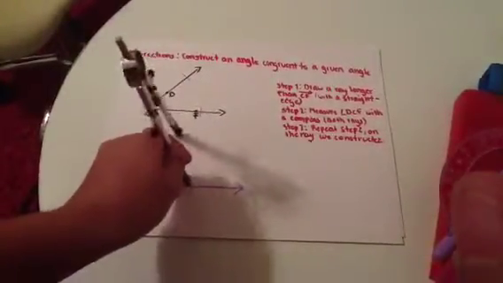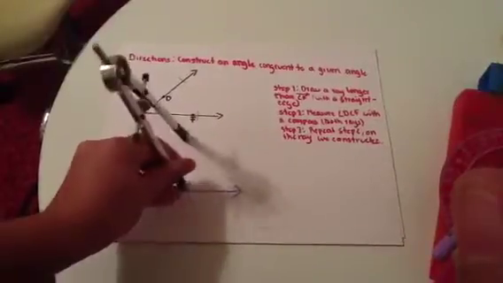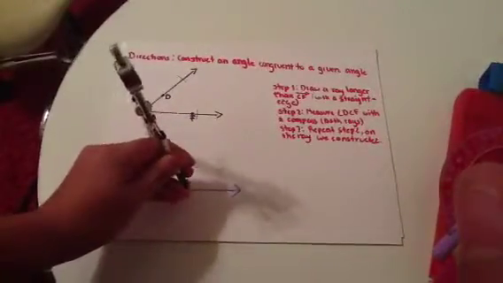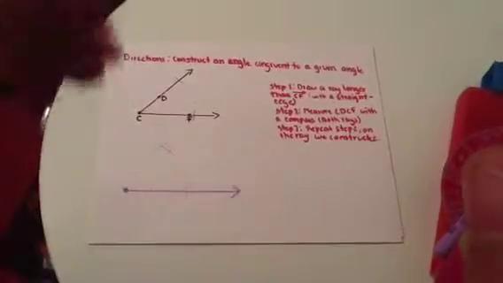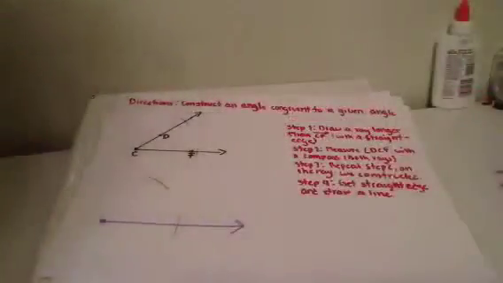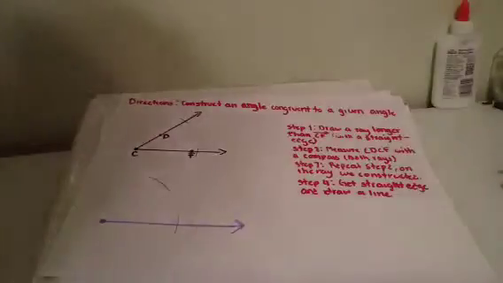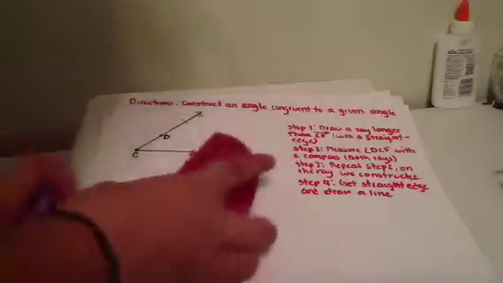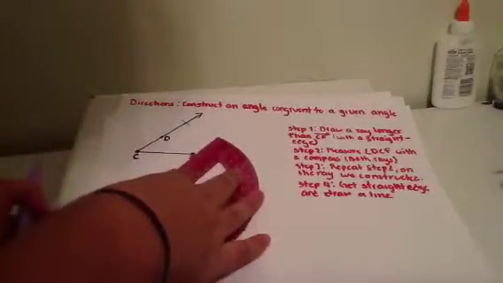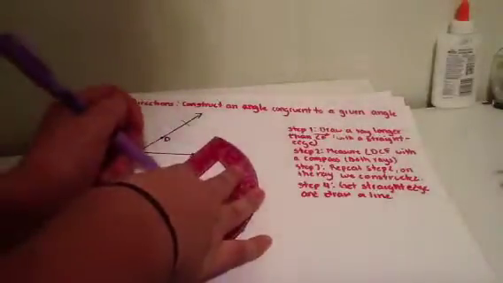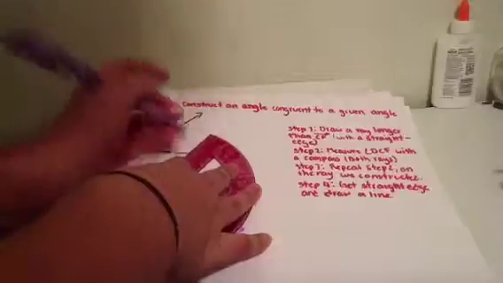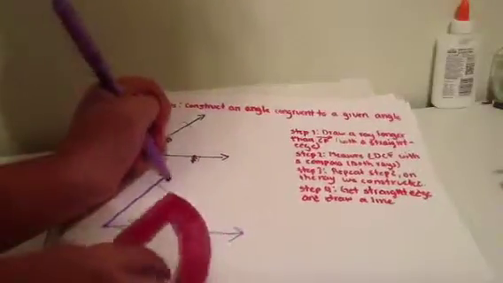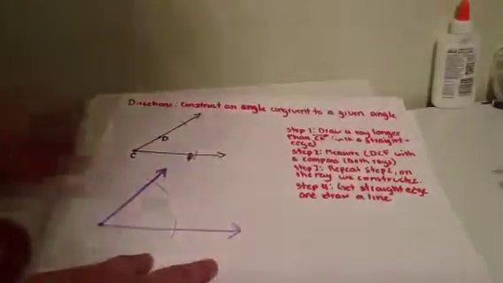Then, just draw another tick mark right there. Now we get a straight edge and draw a line where the 2 tick marks intersect. And then name the ray.